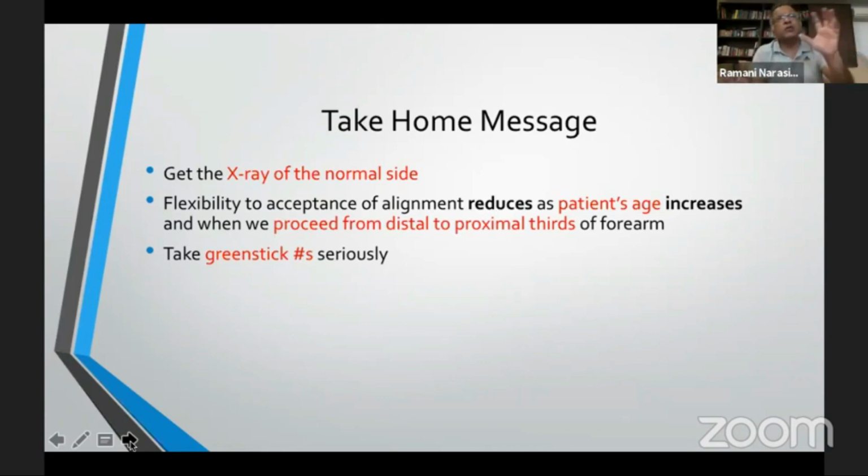That was a very crude way of describing things, but as Manoj said, we have to understand these green stick fractures, whether they are volar angulated or dorsal angulated, and treat accordingly. For example, volar angulated green stick fractures need to be immobilized in pronation because it's a supination injury, and so on and so forth. So you have to understand the mechanism of injury.